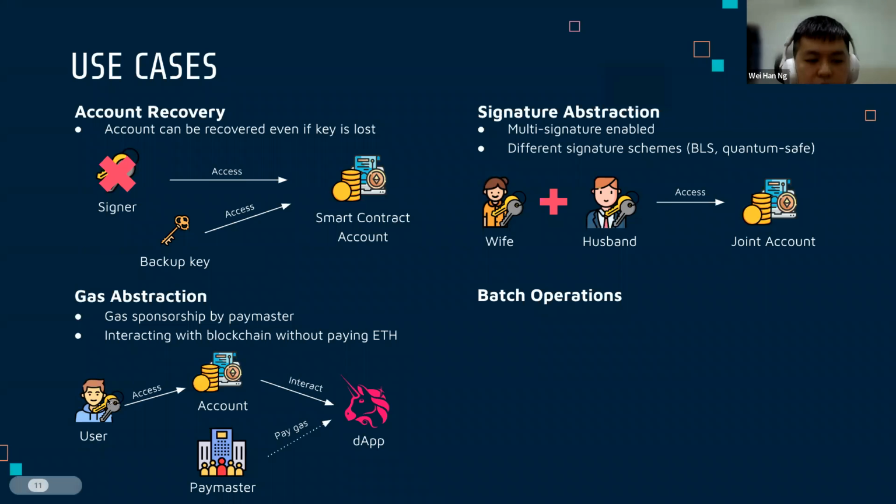So an example, right? You have a user with a private key, and this user can access the account with the private key. And with the account, he or she can interact with the decentralized application without paying any gas fee, because the gas fee is paid by the paymaster, right? If I give you a real life example, let's say I'm Binance, right?